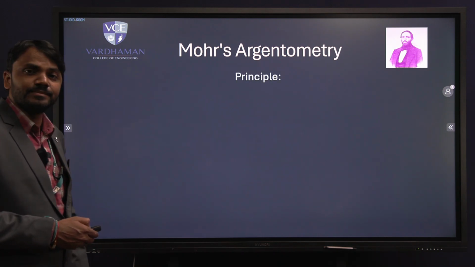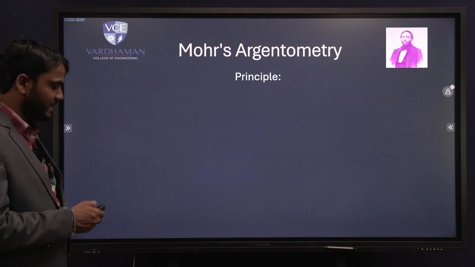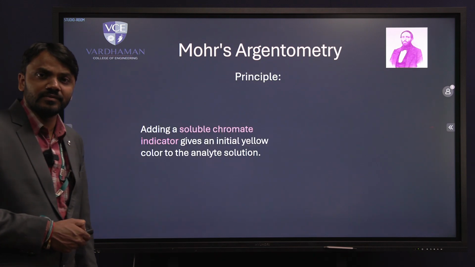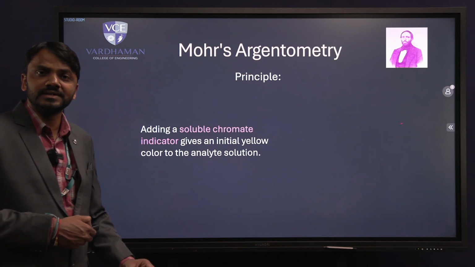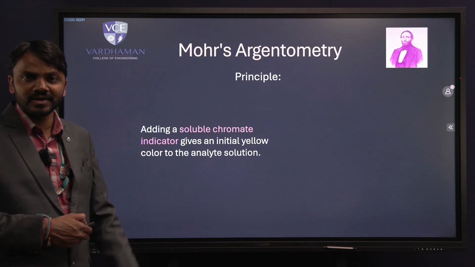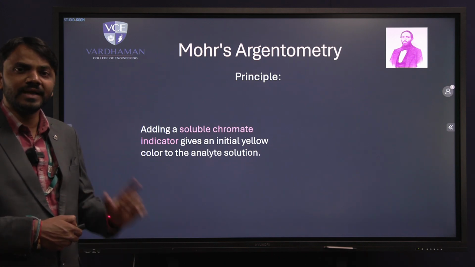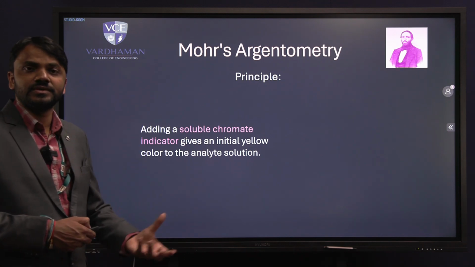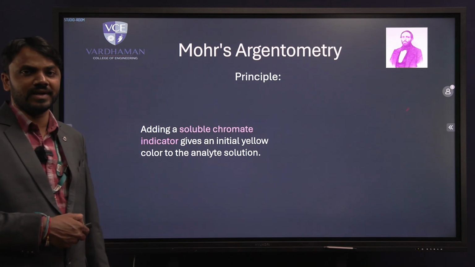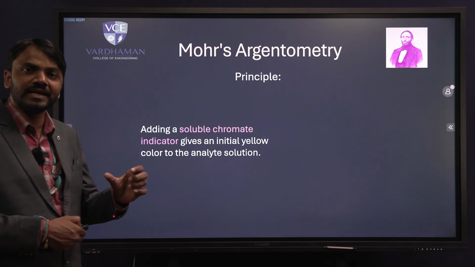Now, what is the main principle involved? Before the principle, let us see where you are analyzing the anions present in the water sample. The water sample will be the analyte solution, so you take it in the conical flask. The precipitating agent here is silver nitrate, which acts as the titrant.